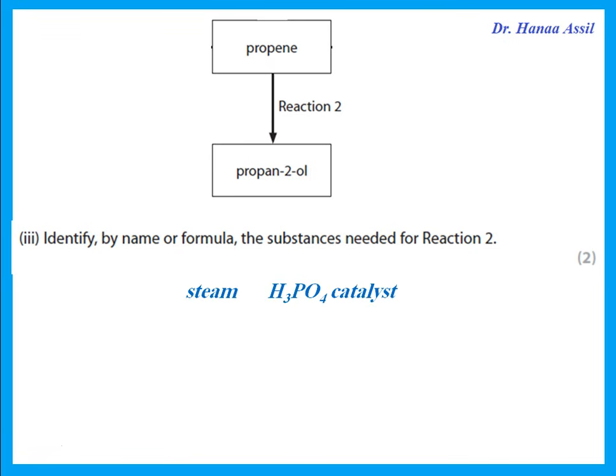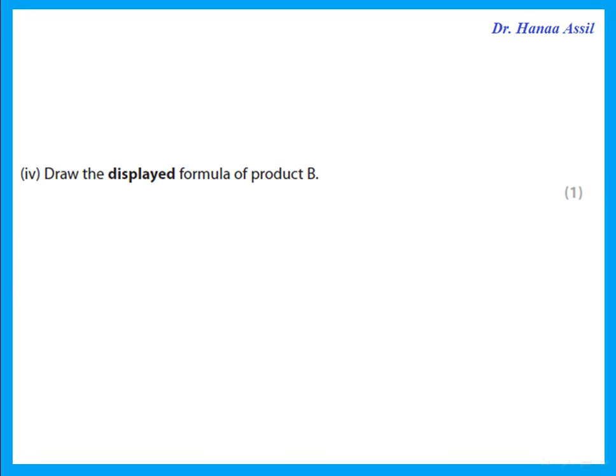Remember, to change alkene to alcohol, we're adding water in the form of steam and phosphoric acid catalyst, because we need water at 300 degrees Celsius. So water at 300 degrees Celsius is referred to as steam, of course, and the catalyst for hydration of alkenes or addition of water to alkenes is phosphoric acid catalyst.